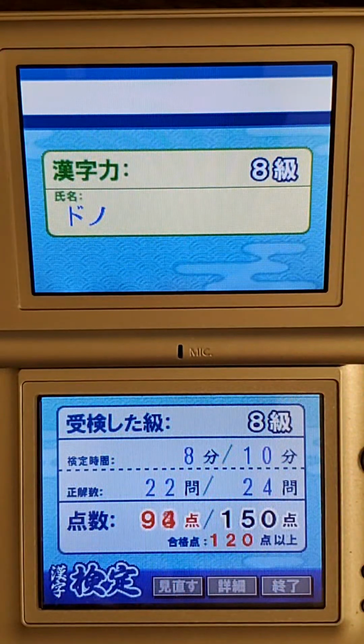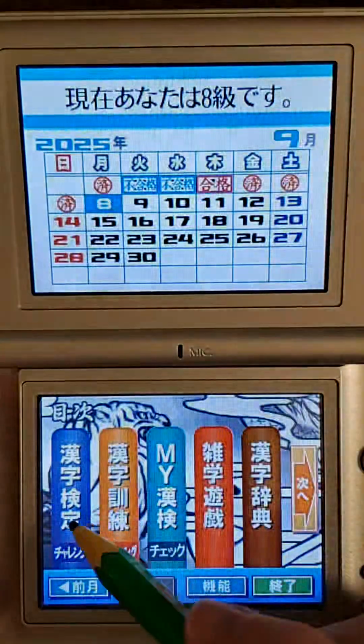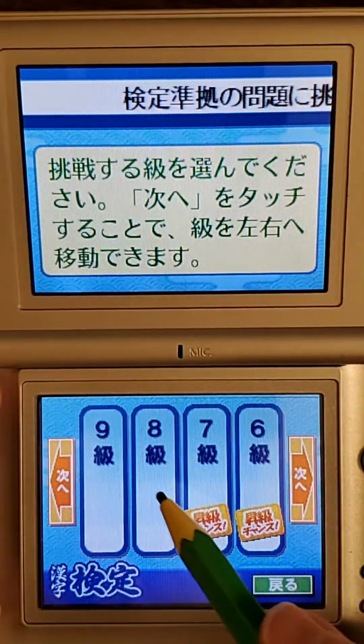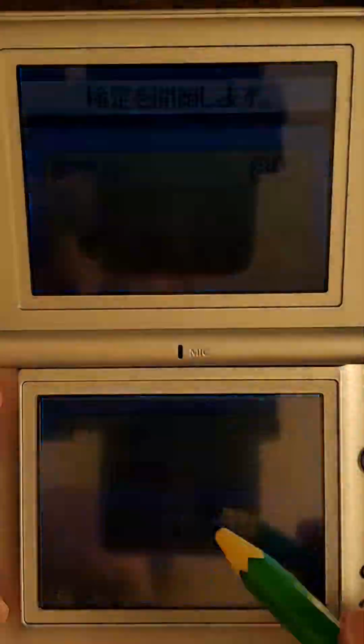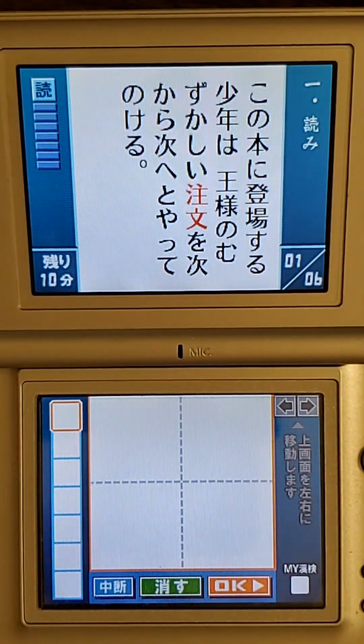Right. I missed a couple, but I think I still passed it. Yeah. Consistent. Recently it's been consistent. But I'll do a full version. Maybe tomorrow I'll do a full version. Then I'll move on to level 7. I'll do levels 10, 9, 8, and then I'll move on to 7.